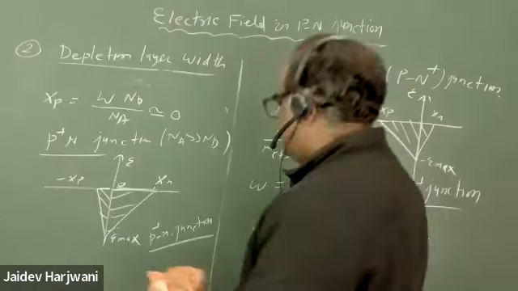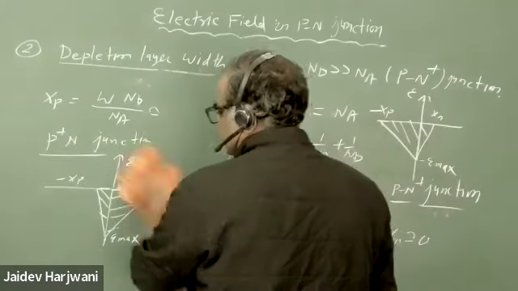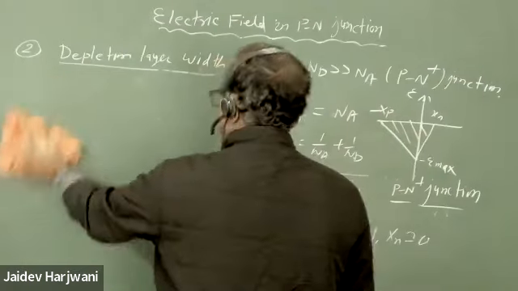So now I can also find the relation between Emax and depletion layer width.